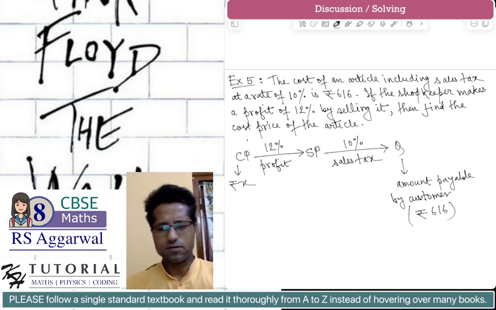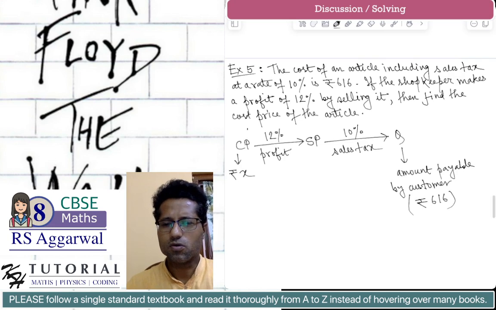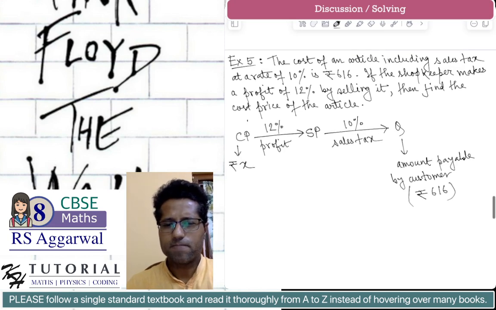Now in the calculation I will ignore the currency symbol, rupees. You can first calculate the selling price from the sales tax percentage and Q, and then calculate the cost price.